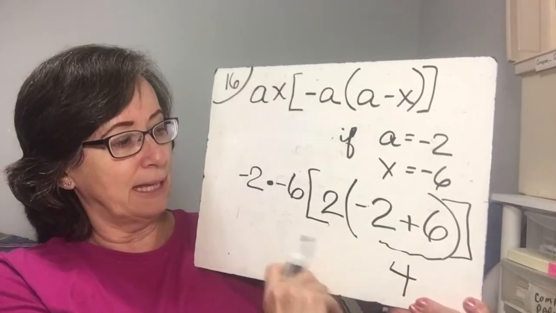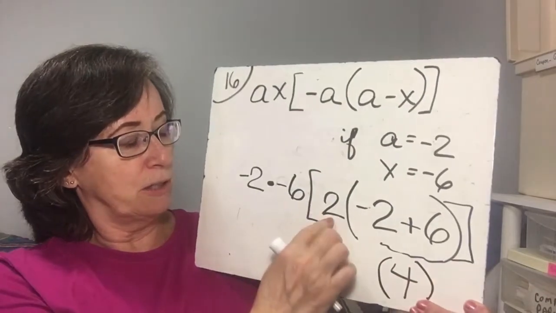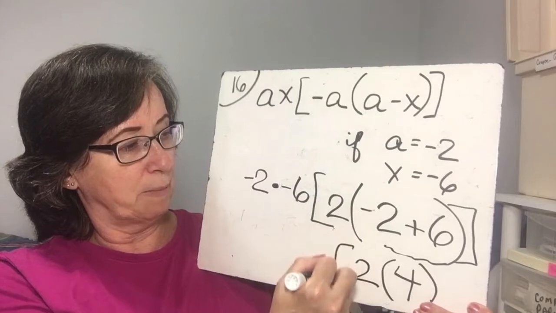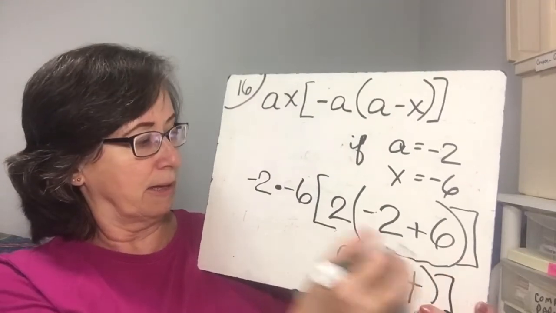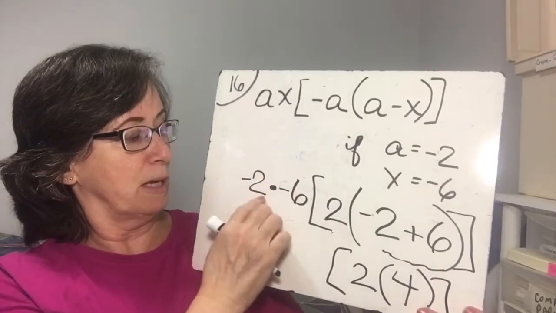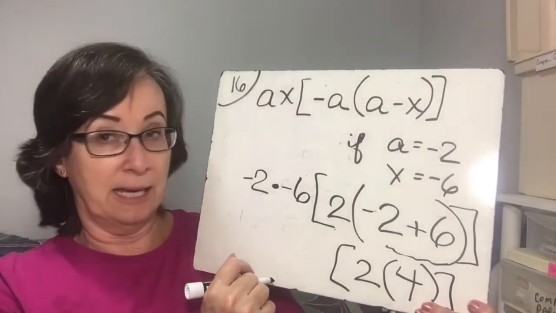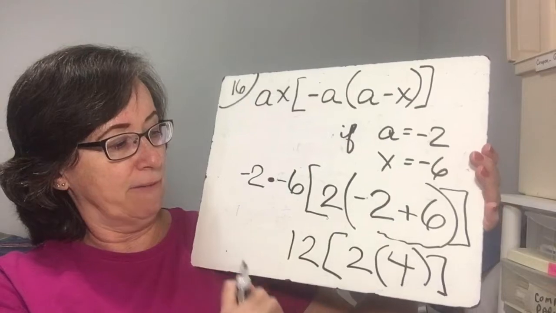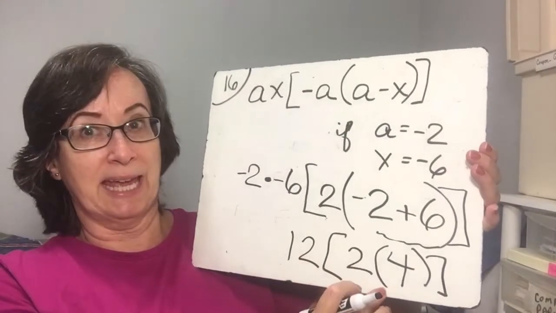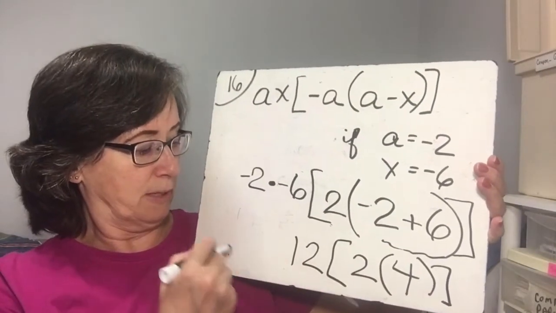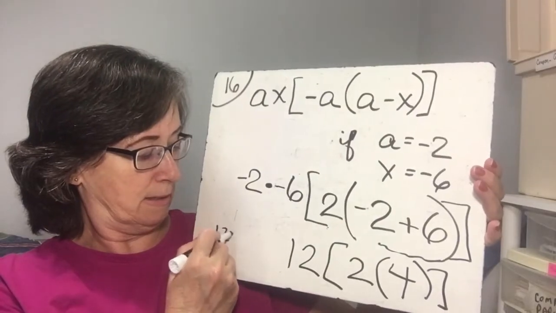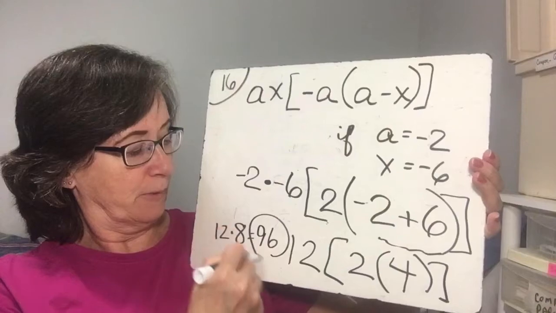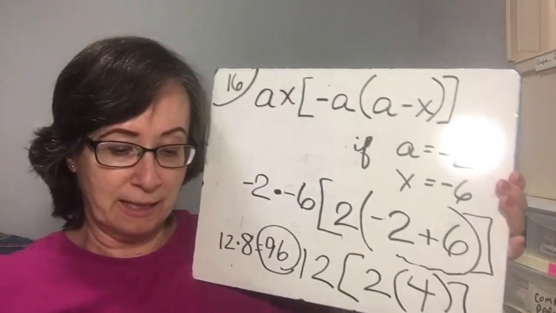And then 2 times positive 4 is going to wind up being our 8. And then negative 2 times a negative 6 is 12. So we're going to have 12 times 8, and 12 times 8 is 96. 96 should be our answer, and guess what?